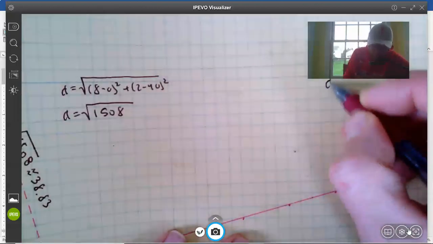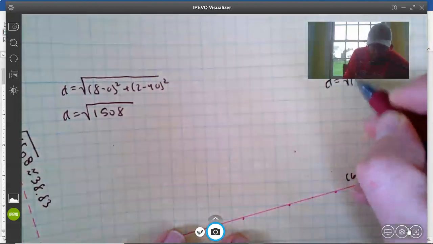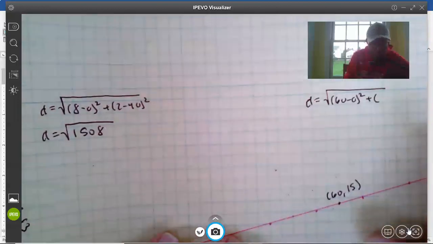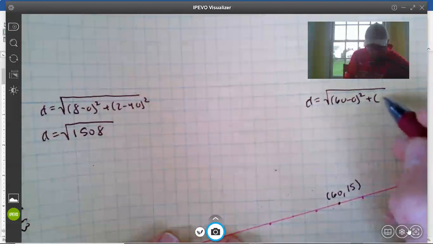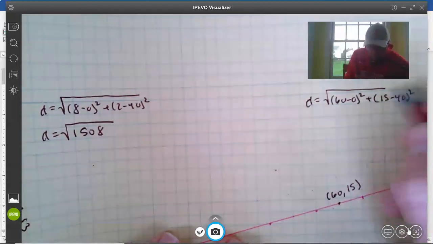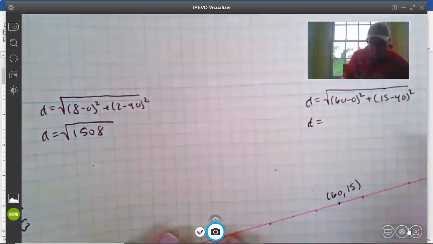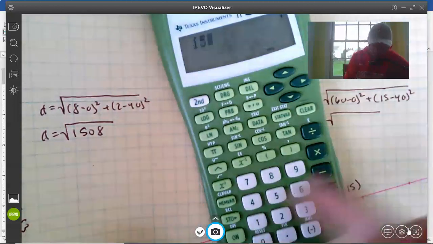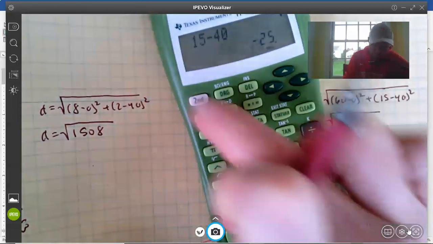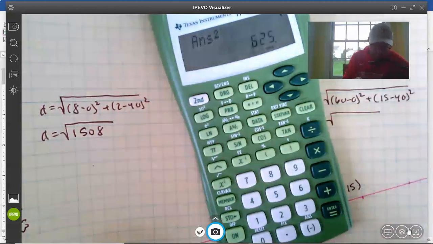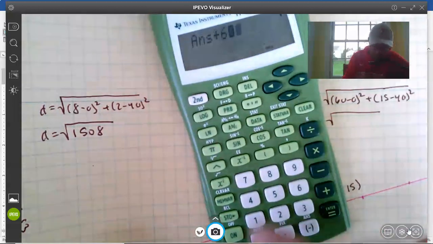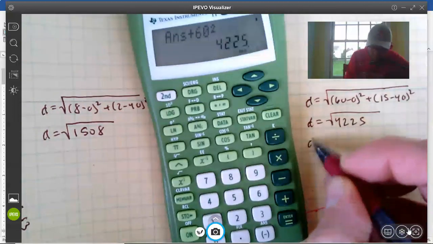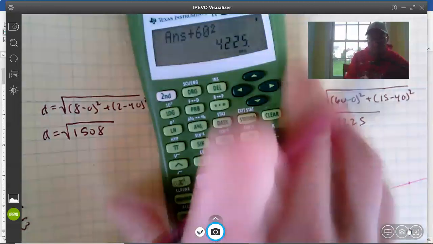So the distance is 60 minus 0 squared plus 15 minus 40 squared, which is, just to double check it all here, 15 minus 40, negative 25, squared, plus 60 squared is 4225, and that is 65.